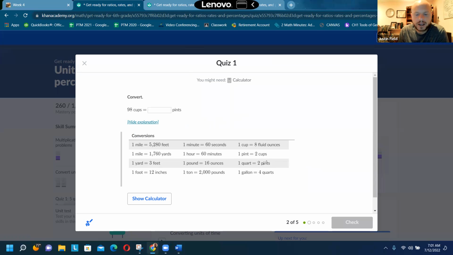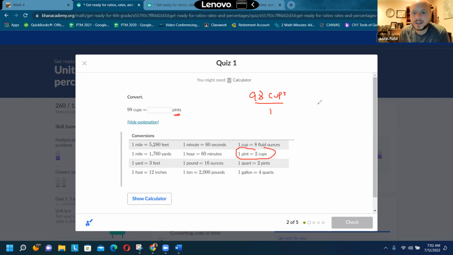So cups and pints. All right, it's right here. 1 pint is 2 cups. How could I have not known that? All right, so 2 cups, 1 pint. So let's do our little conversion thing I just showed you. We want cups to cancel out.